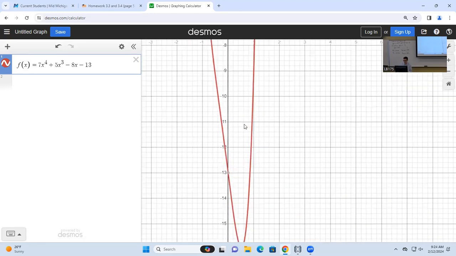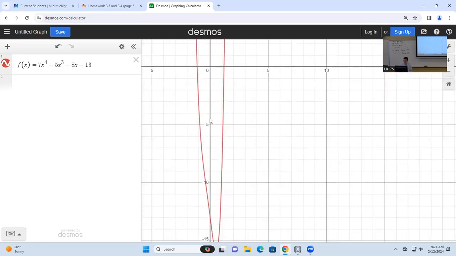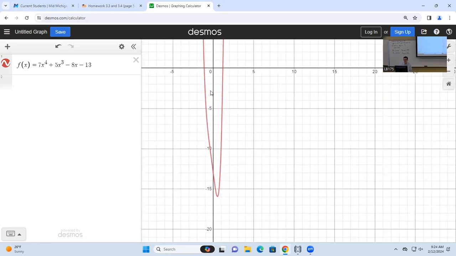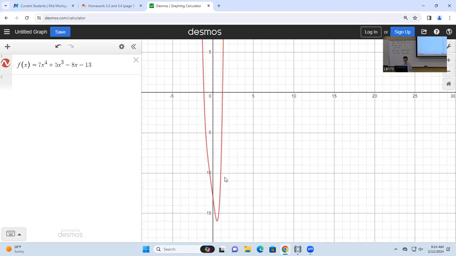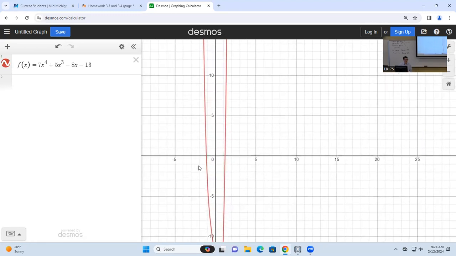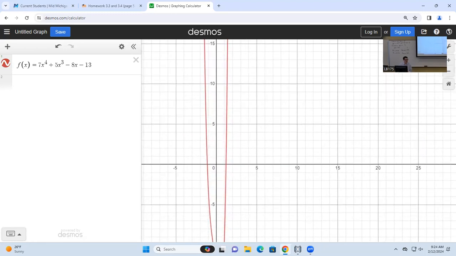Hits the bottom, goes back up. So again, if we ignore the bottom shape, what does it look like? It looks like a cup pointing up, right?